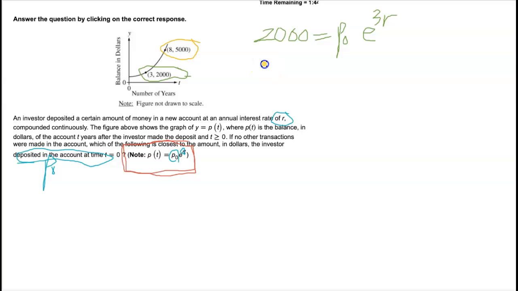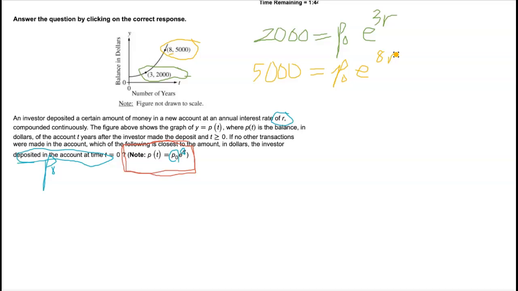The other one is exactly the same, right? The p-value is, right, the vertical value is 5,000 when the horizontal value is 8, sorry. P0 e to the 8R. So I do have a moment of panic because I'm like, how in the world am I going to solve this?